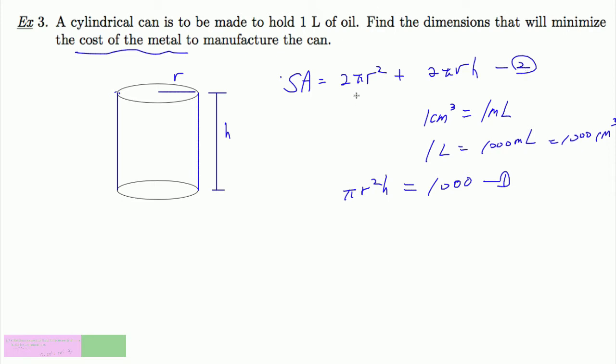Okay, we need to convert this into a function of one variable. And you can see which one is easier to isolate in this equation. h. That means I can make h disappear in this equation. So surface area now is a function of r.